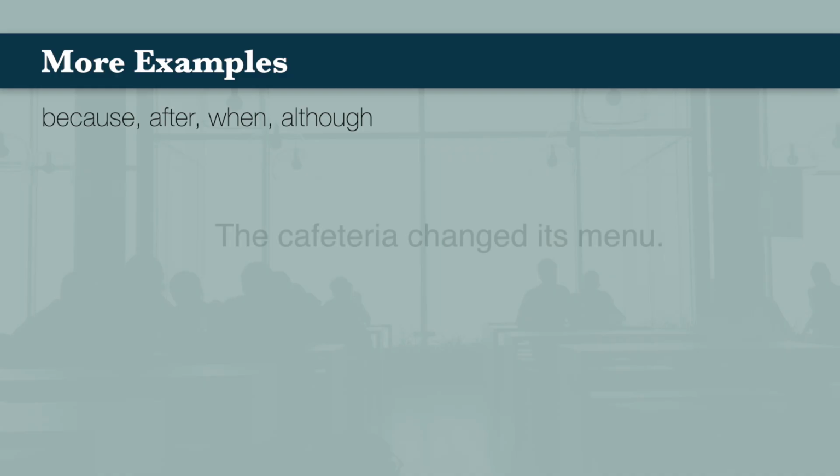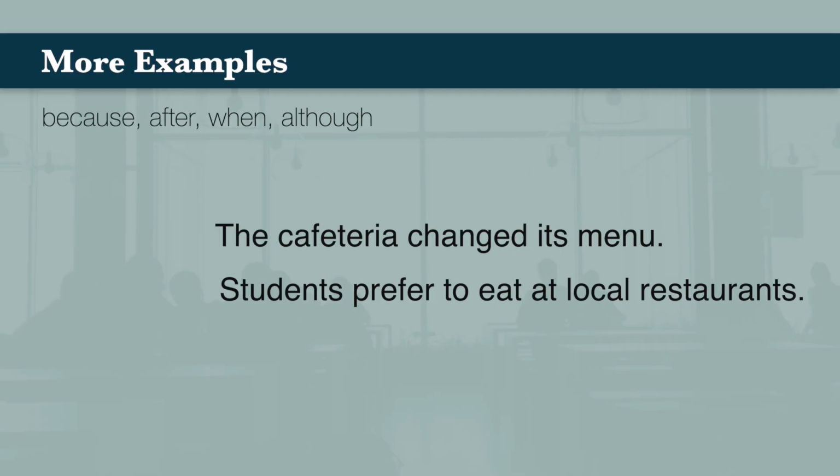Let's look now at one more example. How would you join these two sentences? The cafeteria changed its menu. Students prefer to eat at local restaurants. It's obvious there's a contrast between these two sentences. The cafeteria changed its menu, probably hoping to have more students eat there. But the students preferred local restaurants.